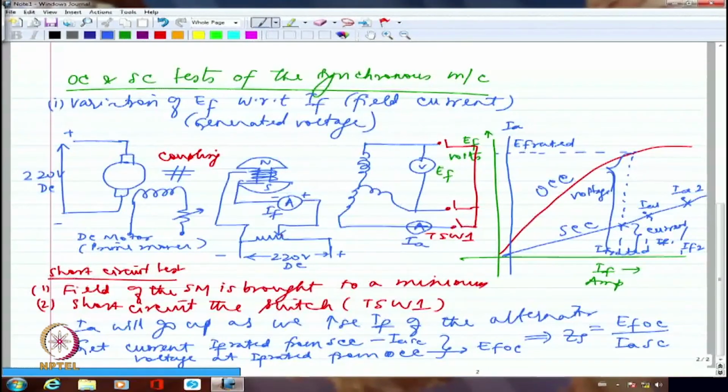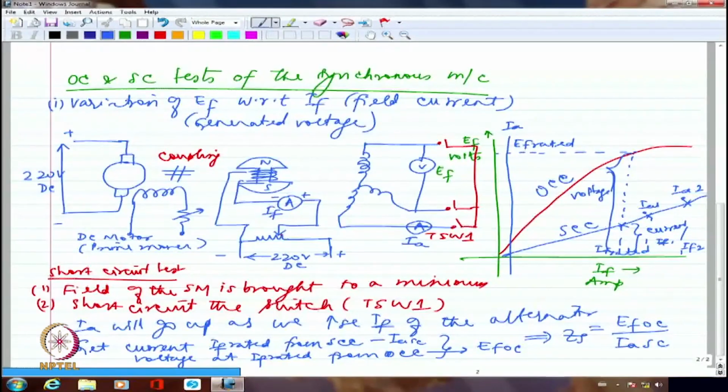When I am having rated excitation, if I am getting a particular value of voltage under open circuit condition, had I short circuited the machine at that point itself, the only impedance which is actually limiting the current is its internal impedance, nothing else. Are you getting my point? Let's say my rated field current is 1 ampere. At 1 ampere, my machine is producing 400 volts line to line voltage, which is the rated voltage.